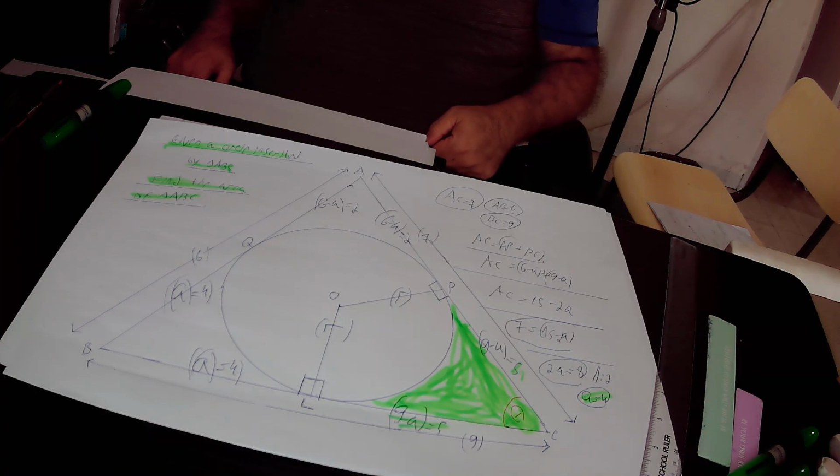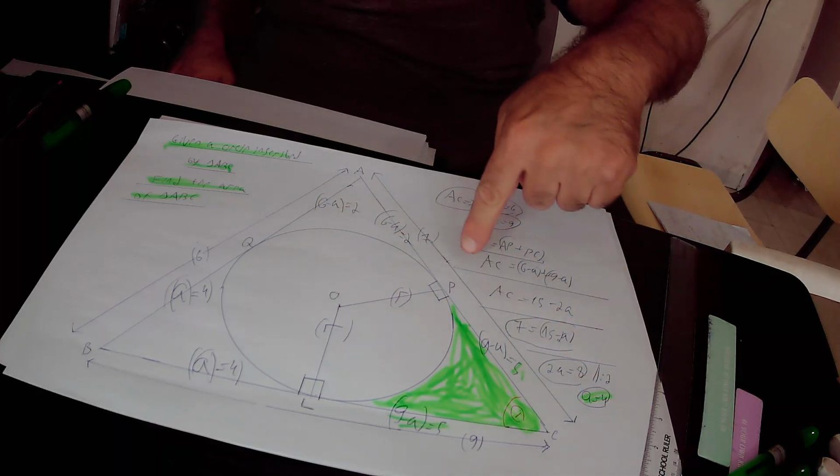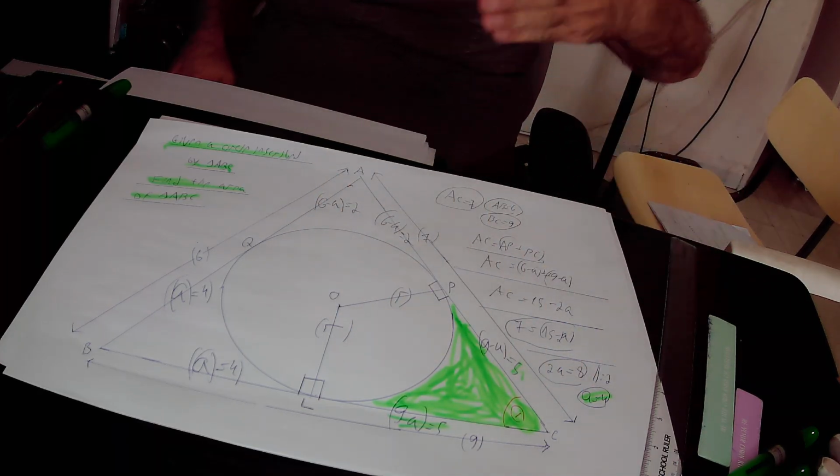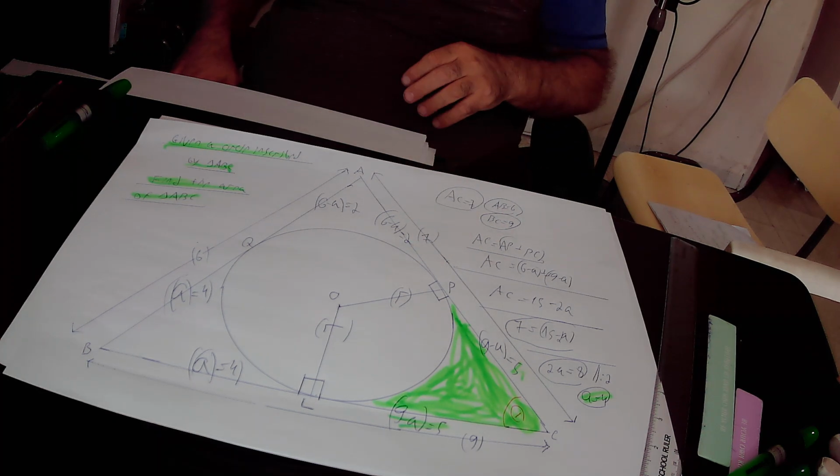We know that the sum of the angles in any quadrilateral is equal to 360 degrees. In the drawing we have quadrilateral POLC, so the sum of the angles in this quadrilateral is equal to 360 degrees.